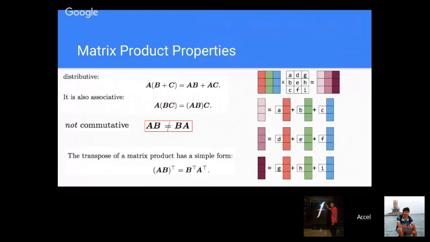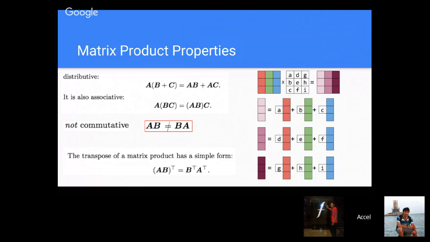These are just some matrix product properties that you should be aware of. Matrix products are distributive, as shown here. You can take A and multiply it by each element within the B plus C matrix, so you have A times B plus A times C. It's also associative: A times BC is equal to AB times C. It is not commutative, so you have to be aware of that.